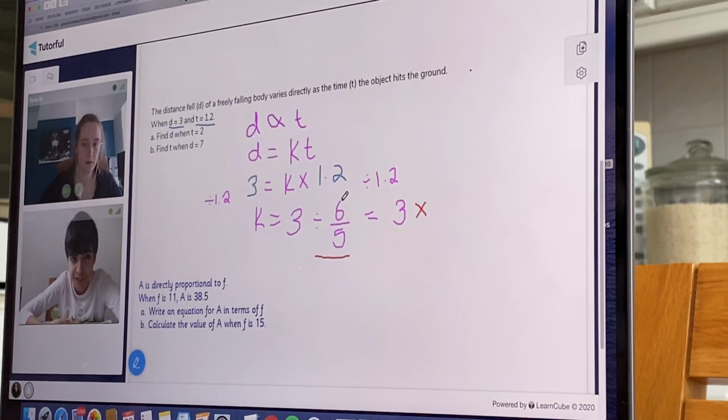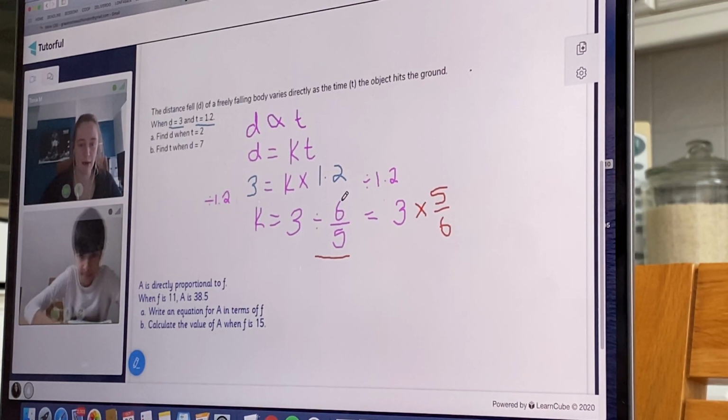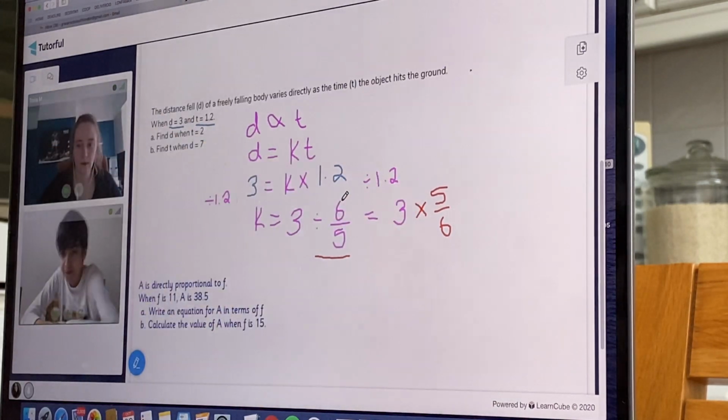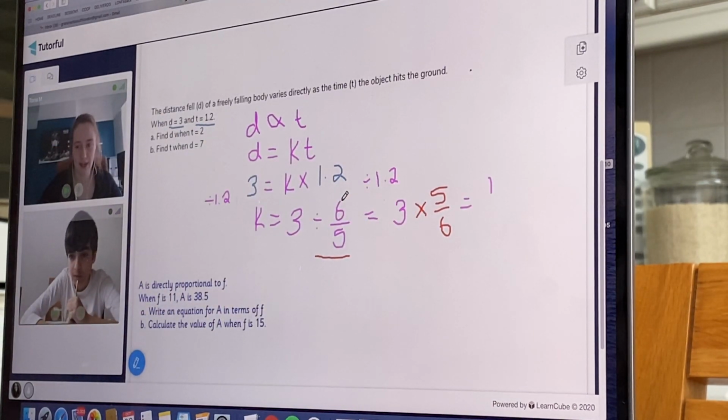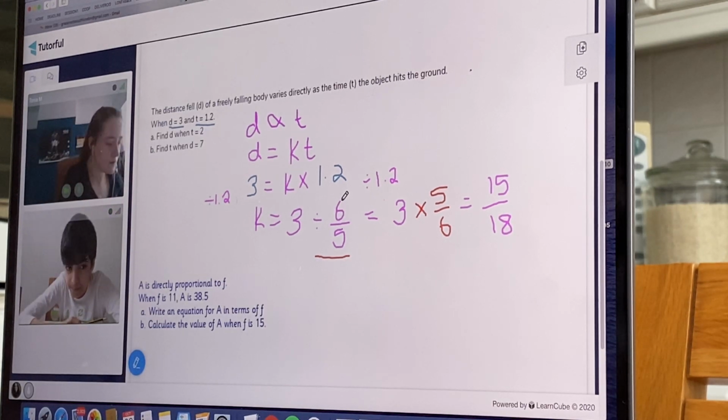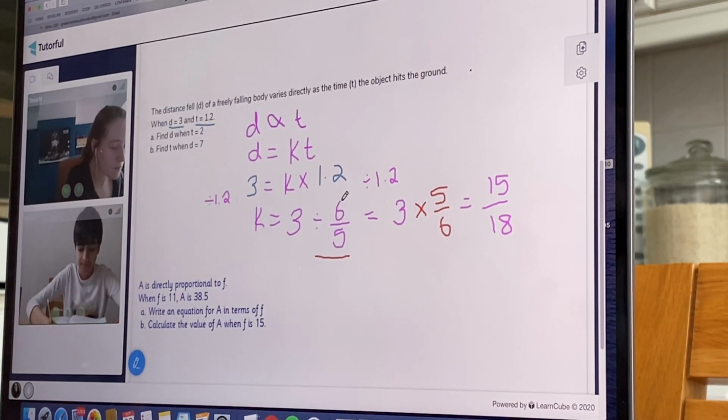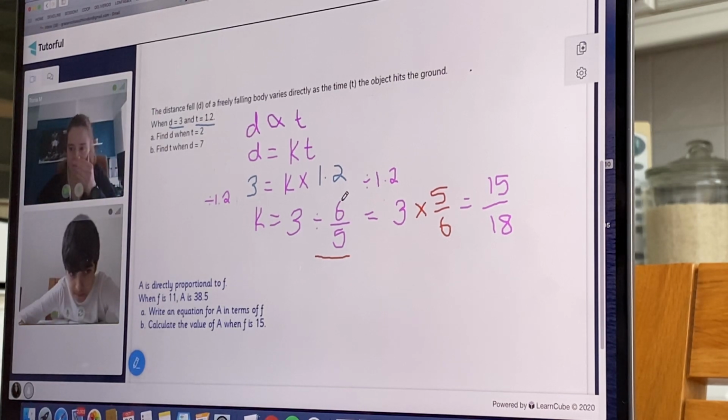So instead of dividing by 6/5, we multiply by 5/6, which gives us 15 over 18. And then can we simplify this?